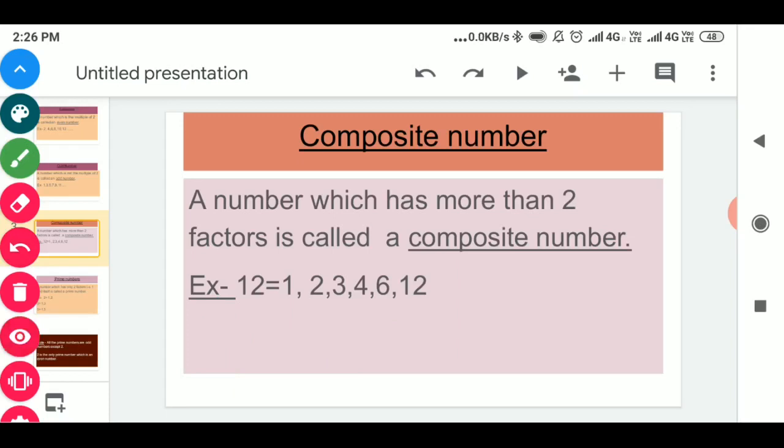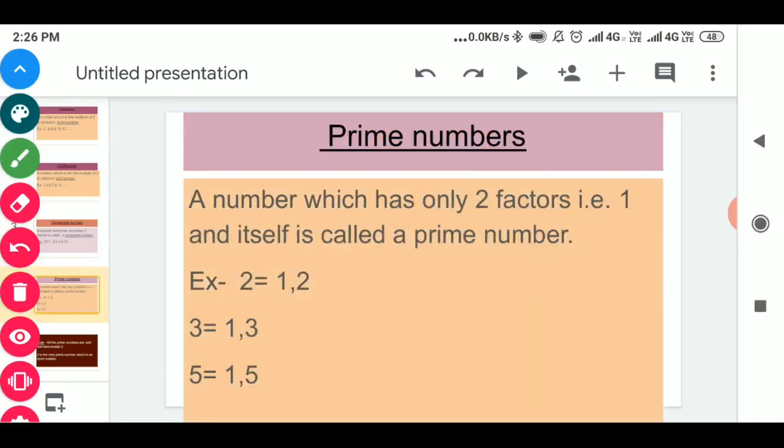Let us discuss the next, which is prime number. A prime number is a number which has only 2 factors, that is 1 and the number itself. Let us take the example 2. 2 is divisible by 1 and 2 only. It means 2 has only 2 factors, so 2 is a prime number.